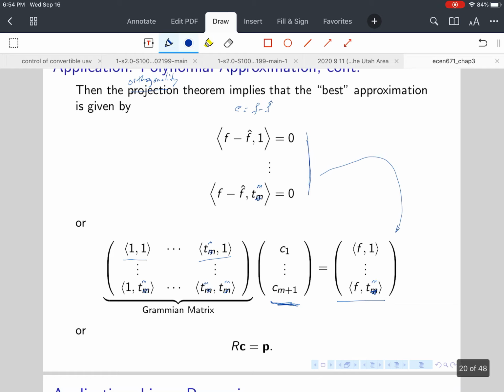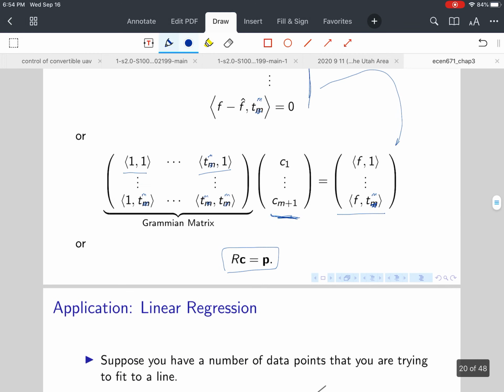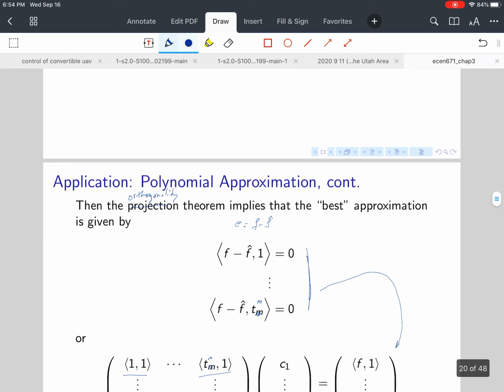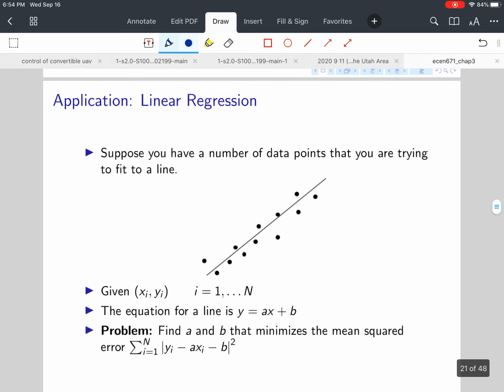Again, we take our original function that we're approximating and project it onto each of these basis vectors, and we get RC equals P. As long as the original basis vectors are linearly independent, we invert R and find the coefficients, and that will give us the best approximation in this set.